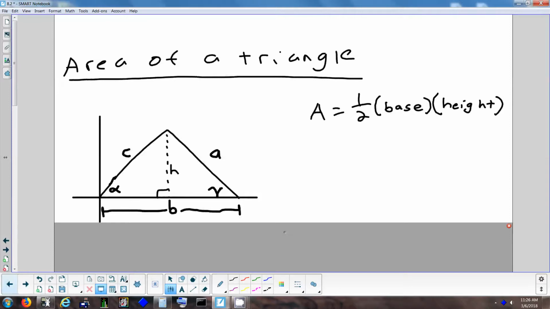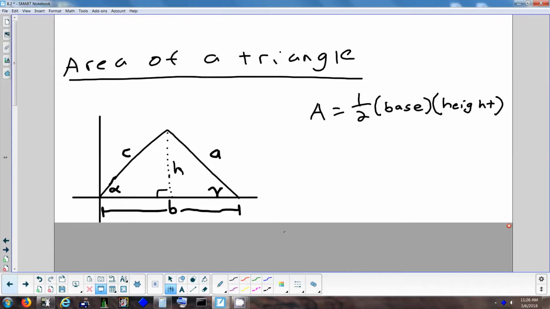Okay, so let's say we wanted to find the area of this triangle. And let's say they gave you some information, they tell you the base, and then maybe they give you one of the other sides and one of the other angles. But they don't tell you the height. This is the height. We'll call it h. And let's pretend that you don't know it.